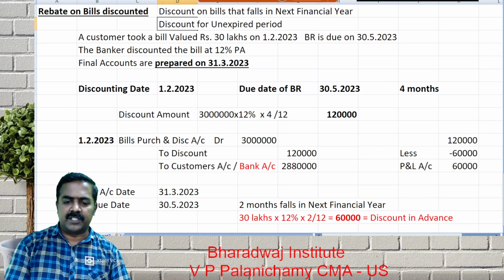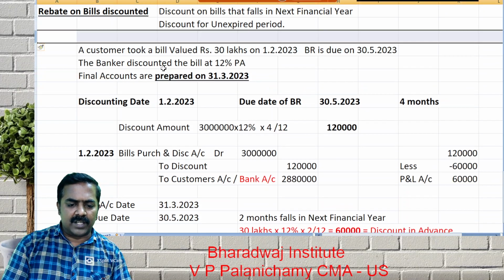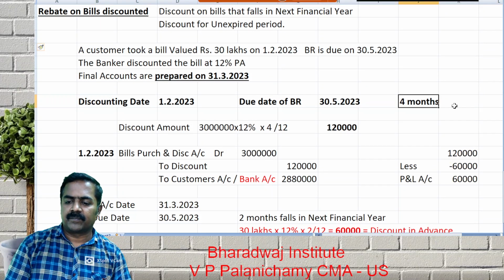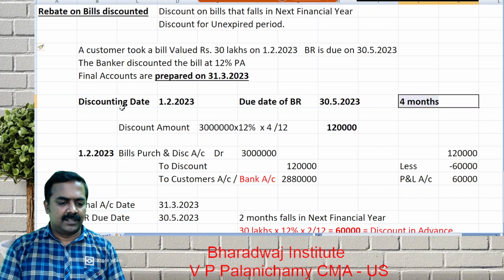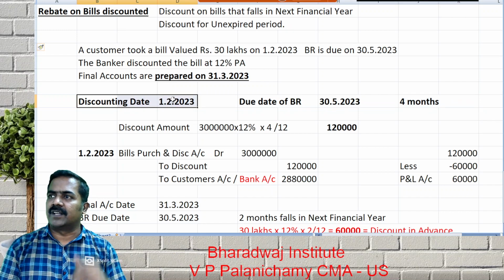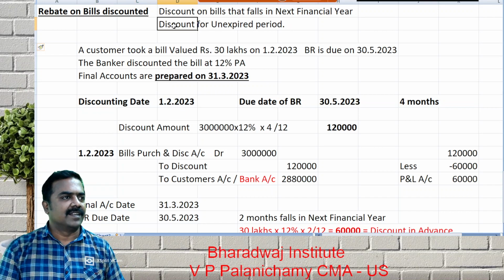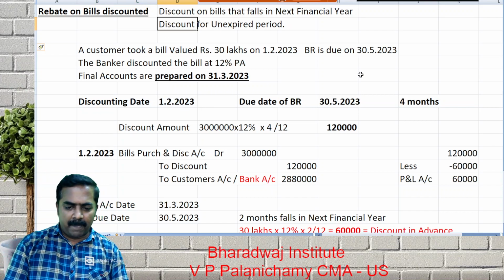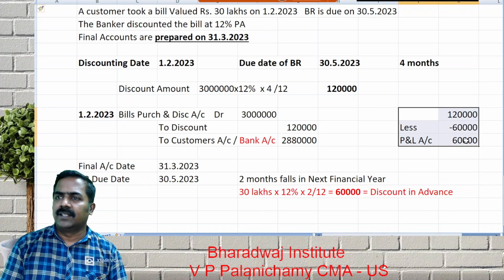Listen. What is the total discounting period here? 4 months. In the current year, how many months expired? 2 months. February and March fall in which year? Current year. What is unexpired? 2 more months. 2 more months fall in which year? Next year. So simple. This adjustment will be made with the discount.